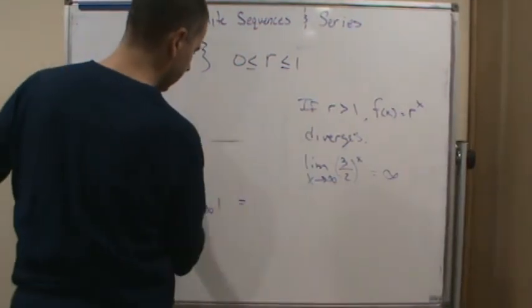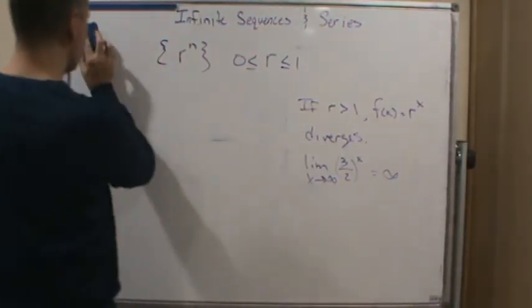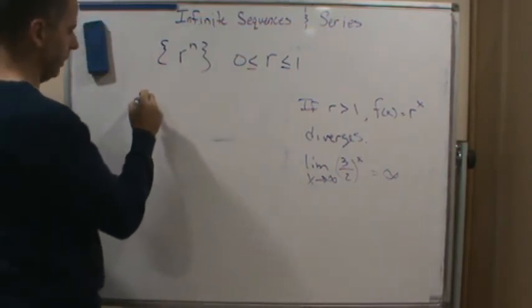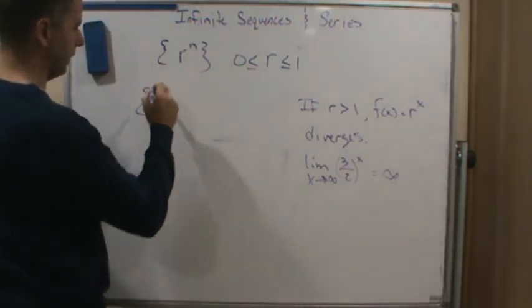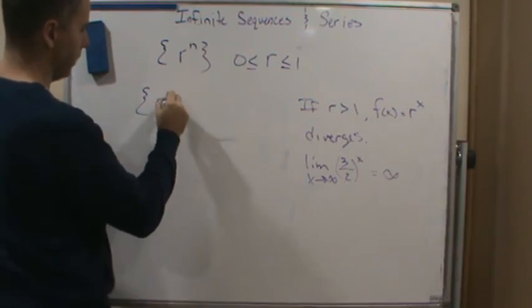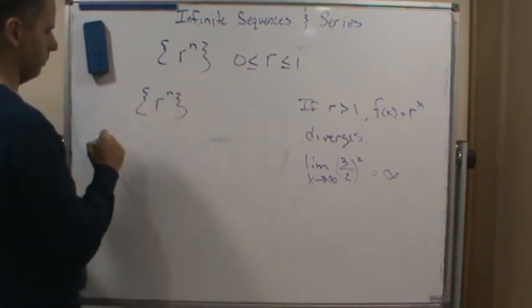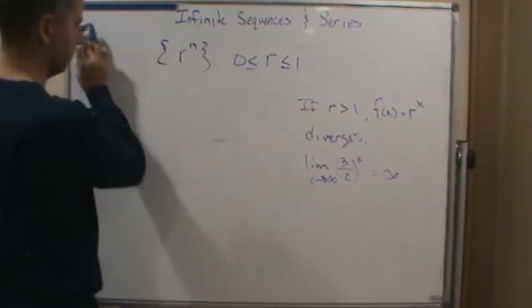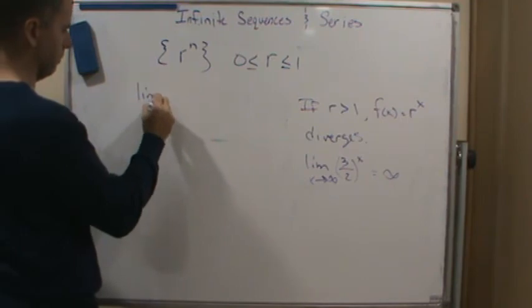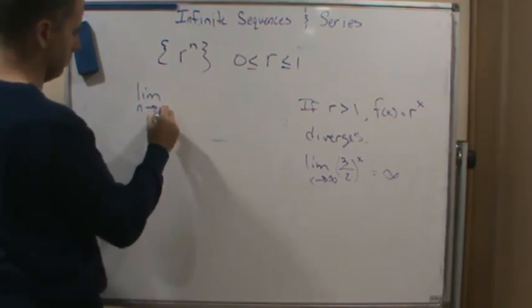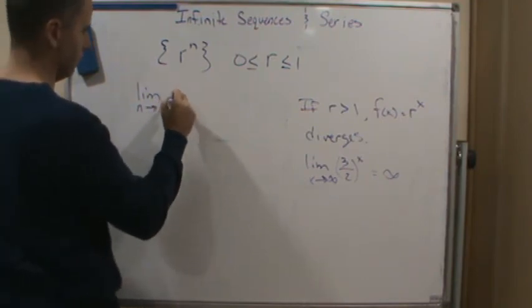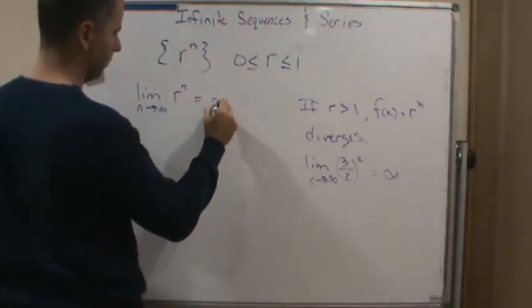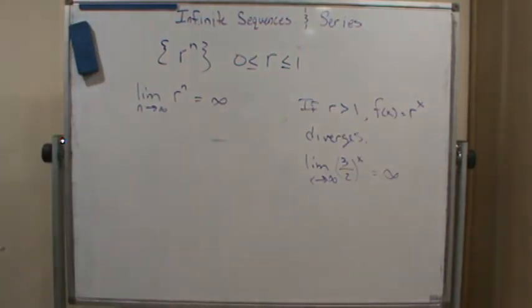So even though we can't use the theorem, we can still see that the limit of r sub n still goes to infinity.